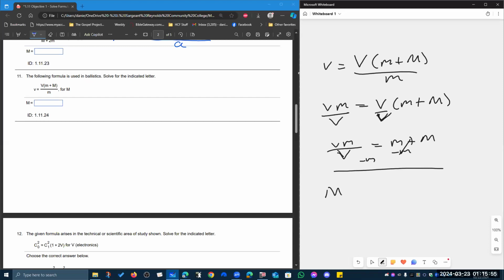Big M is equal to little v, little m over big V minus little m. If I want to make a common denominator, I can.